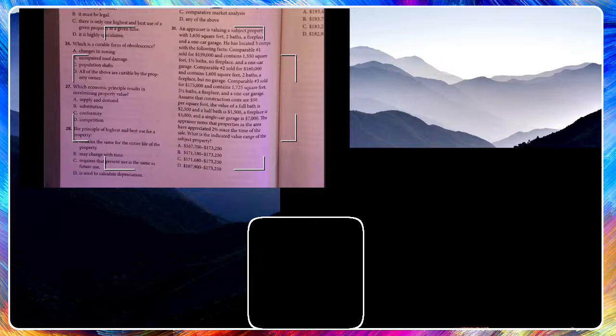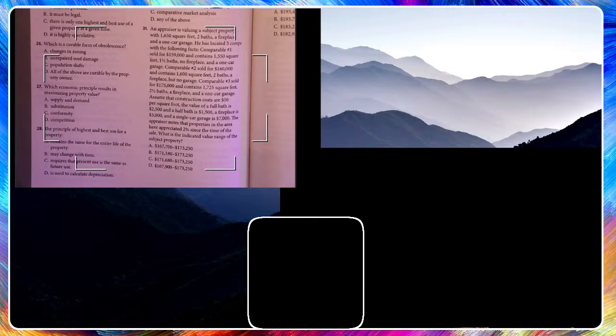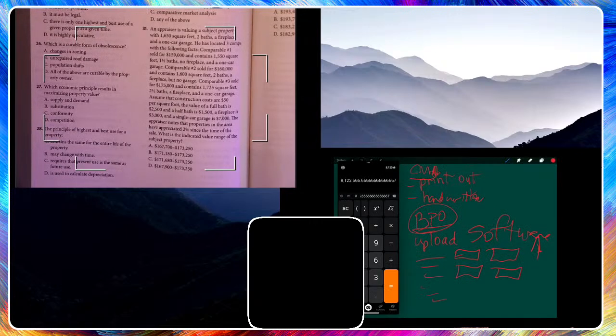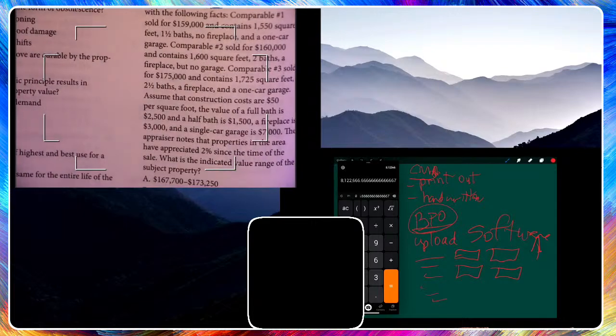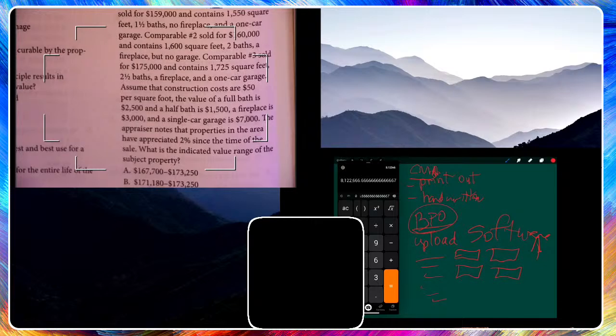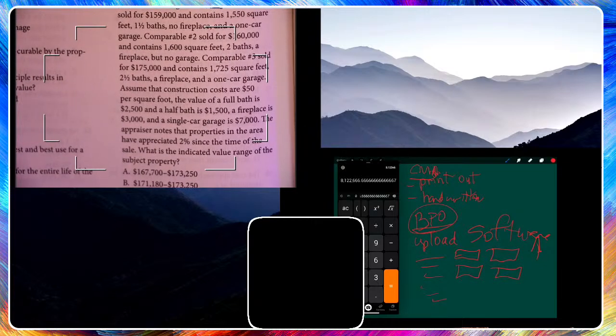Coming up. There we go. That's what I wanted. Can you see? If I zoom in here, I think you can see this problem a little better. Let's see if we can make this work.